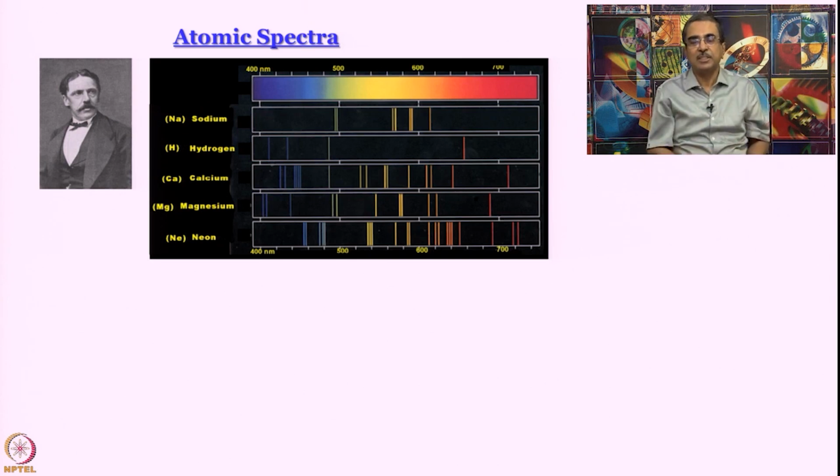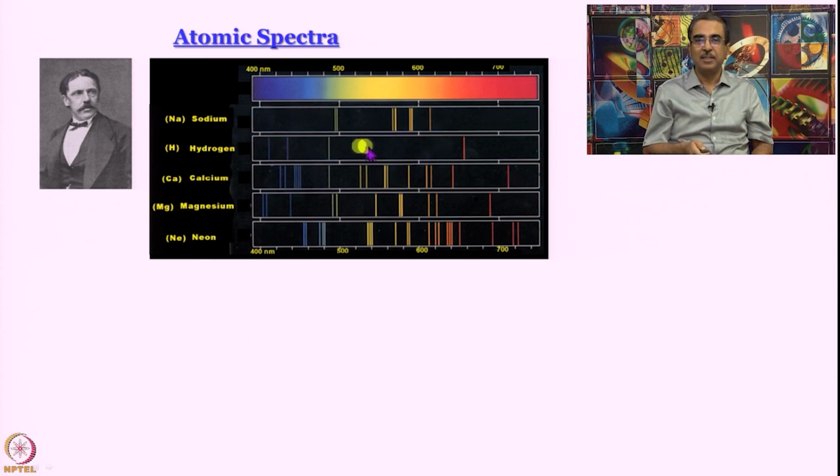Remember dispersion, Newton's experiment, you take sunlight and put it through a prism, it breaks down into what we call 7 colors. So, here the emitted light from an atom is made to go through a prism and it breaks down into component colors. What you expect from the Rutherford model is something shown in the top, a continuous spectrum. What you actually get is discrete lines.